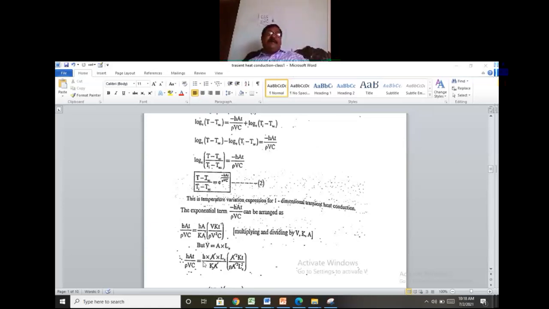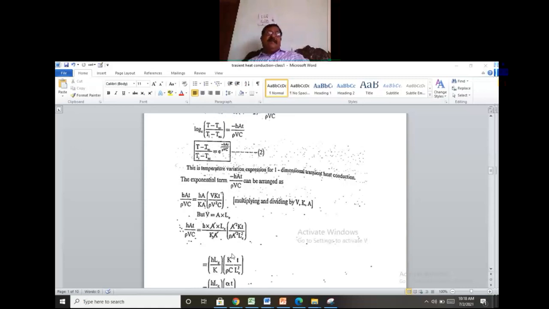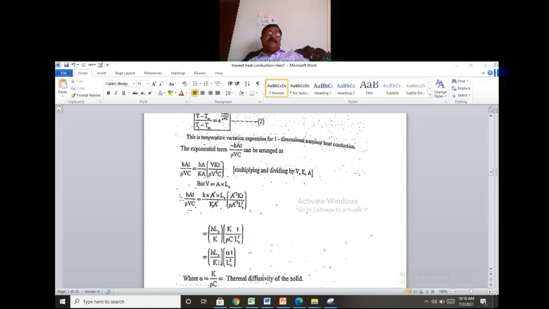V is equal to A into Lc. Therefore, hAt divided by rho Vc is equal to hAt times A into V. If you simplify this, you will get hLc by k into k by rho c times 1 by Lc square. It is hLc by k into alpha.